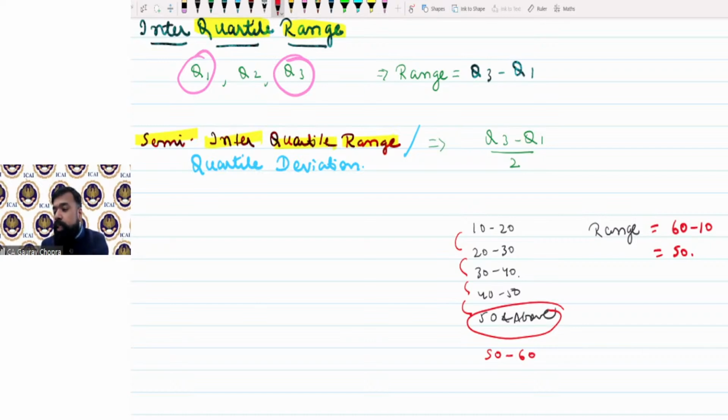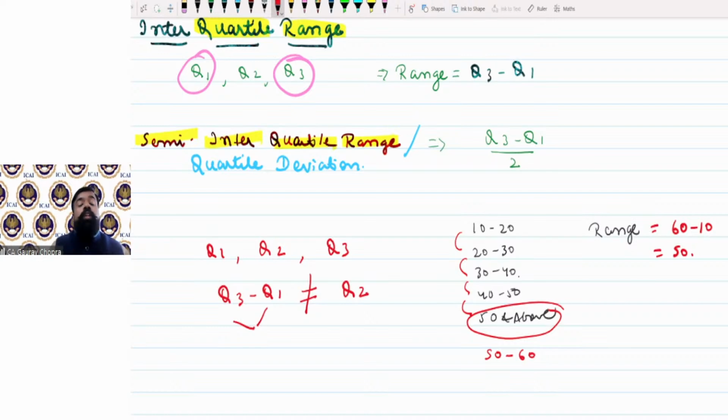Then Aisha is asking, it's obvious that Q3 minus Q1 is Q2. Is it correct or not? See, whenever you are talking about Q1, Q2 and Q3, and you subtract Q3 minus Q1, the result is not Q2. These are positional values that depend on the position.